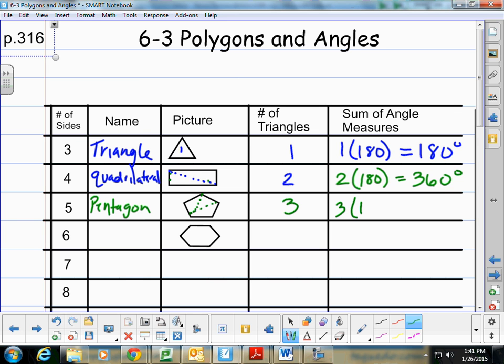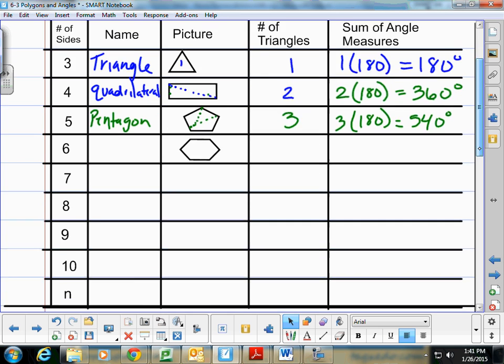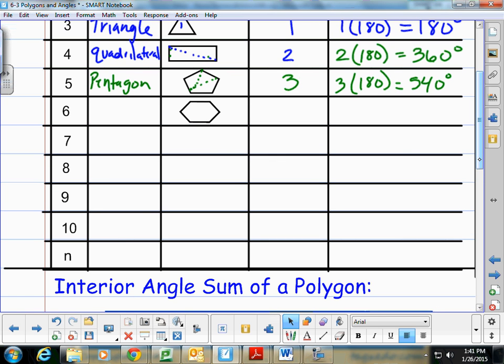So 3 at 180. Hopefully this is making some sense now on how we're getting these numbers. So for a total of 540 degrees. They all have different names: hexagon, heptagon, octagon, nonagon, decagon, and so on. From here it's going to be 11-gon, 12-gon, and you just use the whole number. We'll fill in that chart as we go.